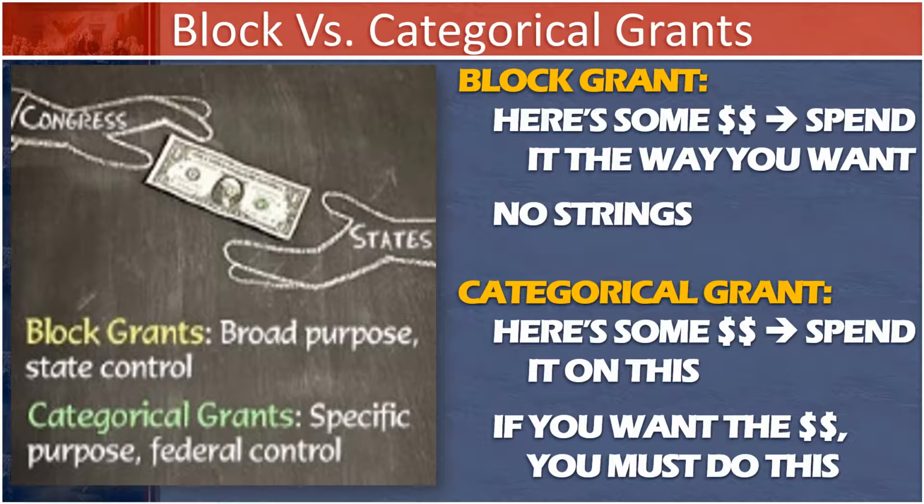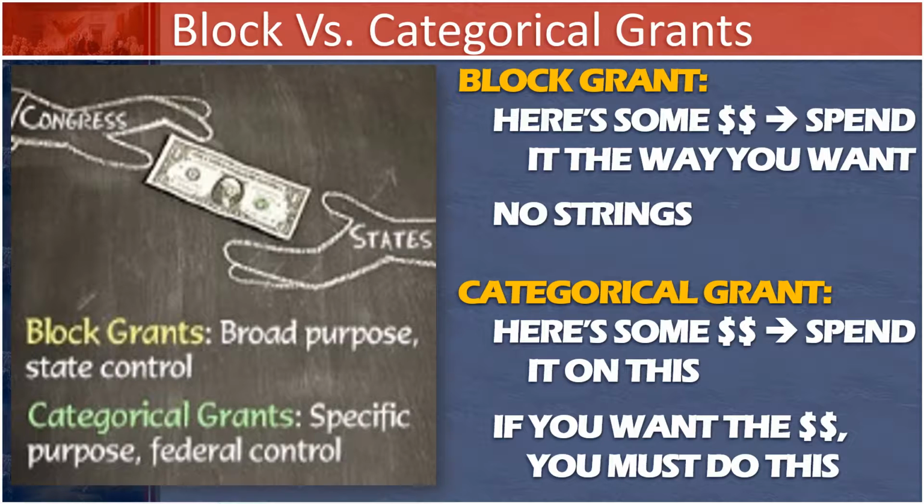Very often you see people who like to enhance states' rights favor block grants versus what we're going to describe as categorical grants, because state governments still have more of a say in how that money gets spent. You often see this particularly from the political right and conservatives, basically describing, well, we can give a block grant to the states. Broad purpose and state control of how it's spent.